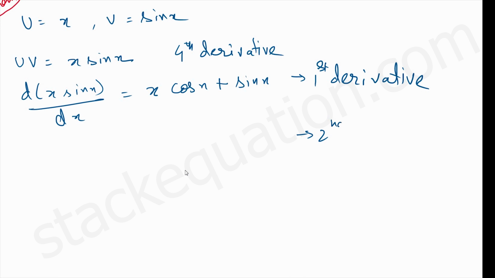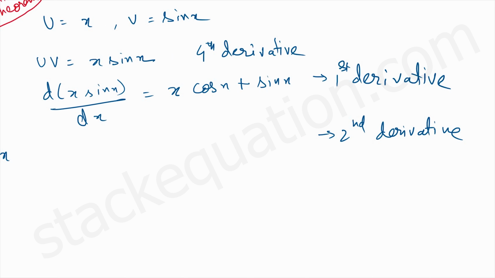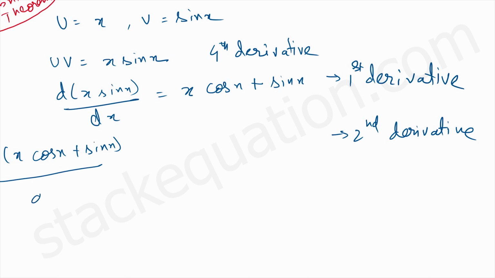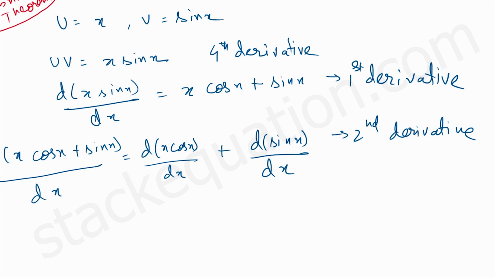Second derivative will be differentiation of first derivative, x cos x plus sine x, by dx, so this is d of x cos x plus differentiation of sine x. Okay, so this will be cos x.